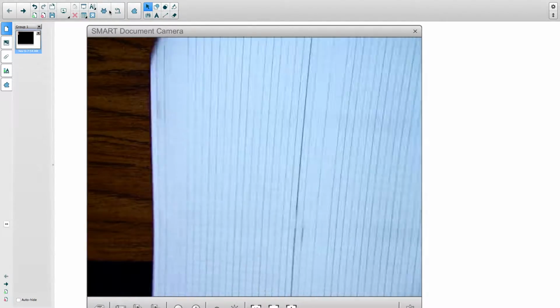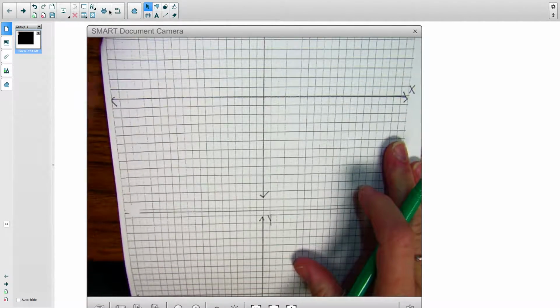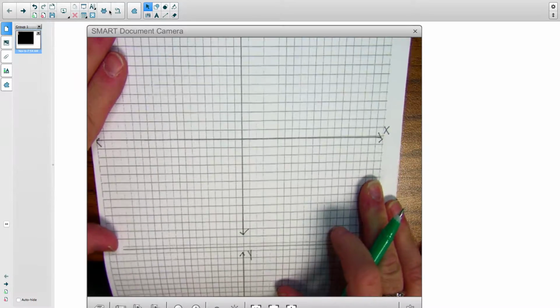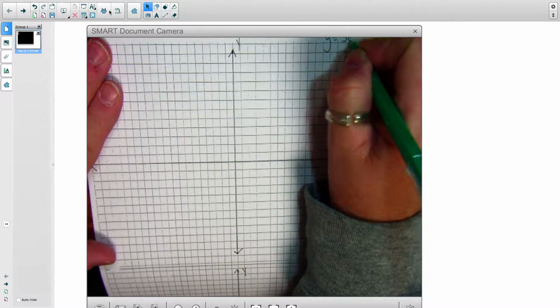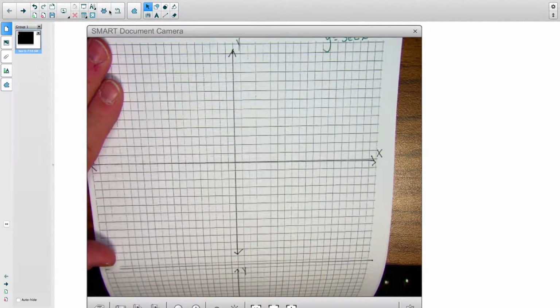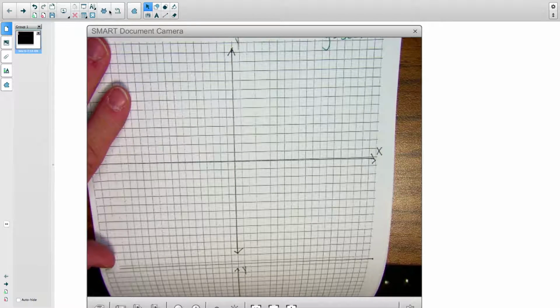So let's start with secant. We're going to do y equals secant of x. We're on the second page of the graph sheet; we were just on the third page of the notes.